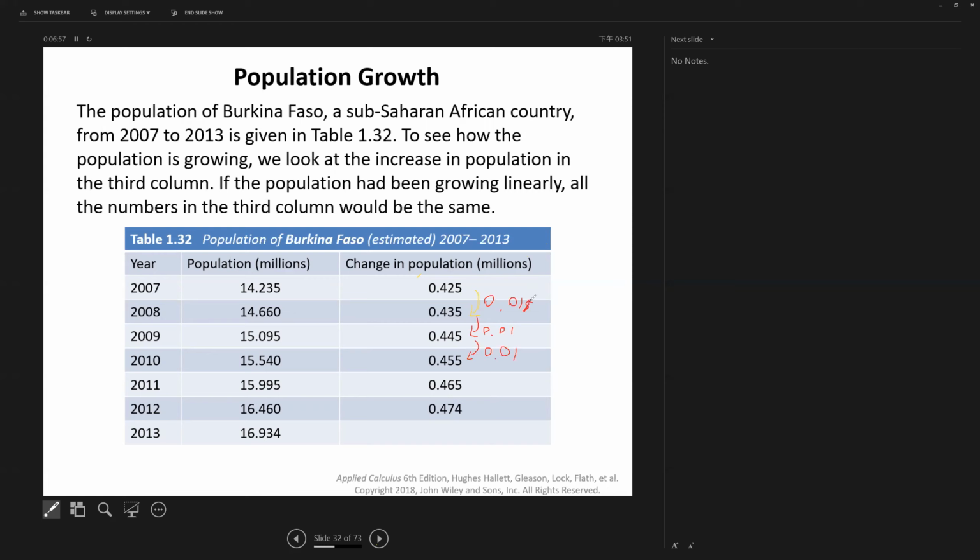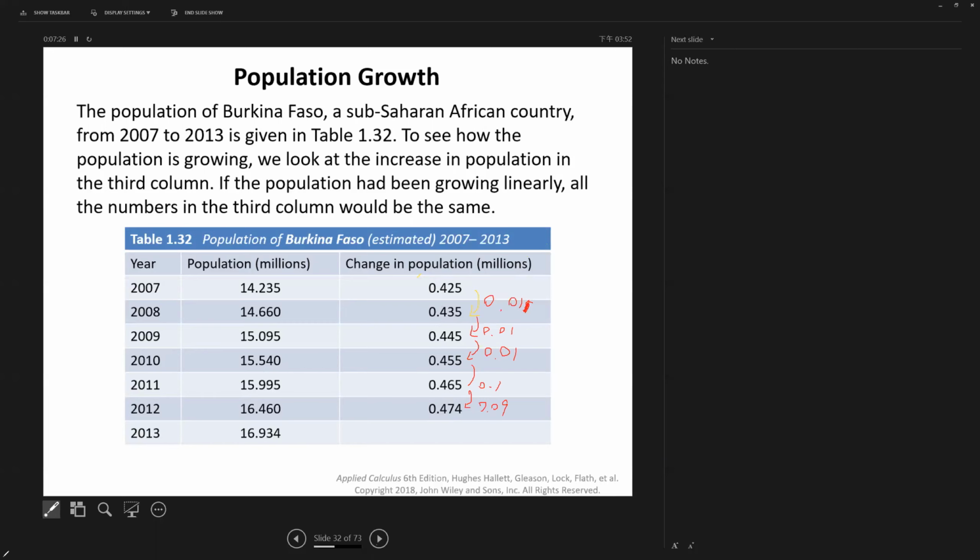Oh, actually, this is 0.1 as well, and then 0.1. This is 0.09. So the change is not the same, but the change of change is the same. So how do we look at this? The way to look at it is we're going to take the ratio of the change.